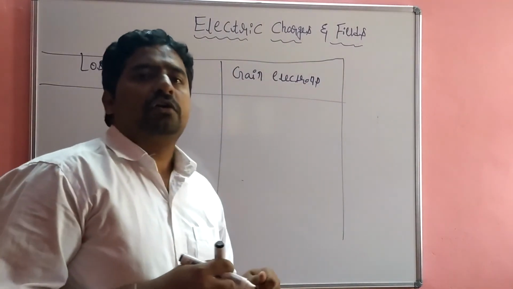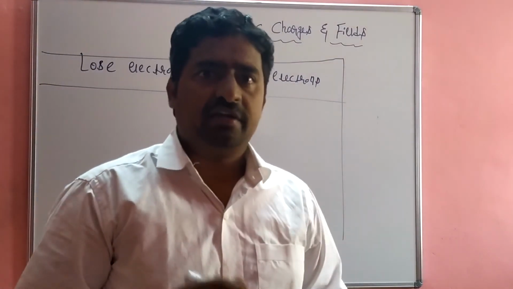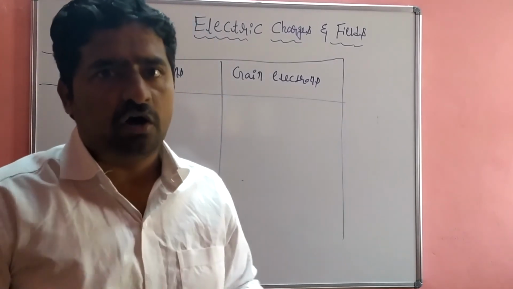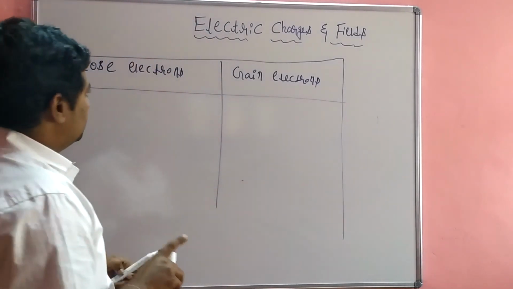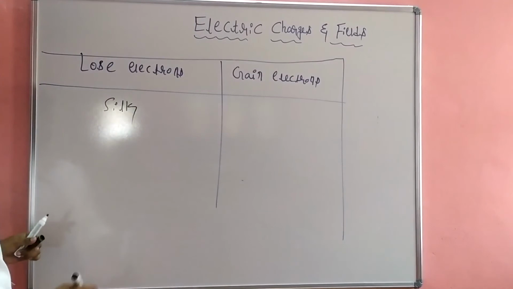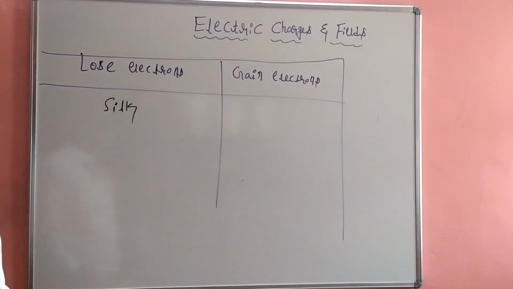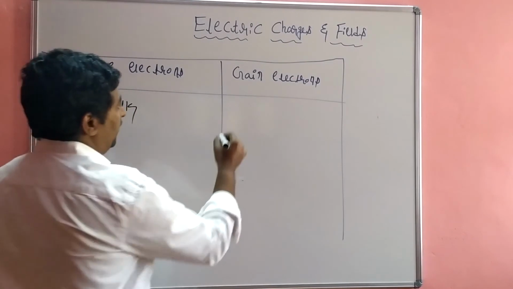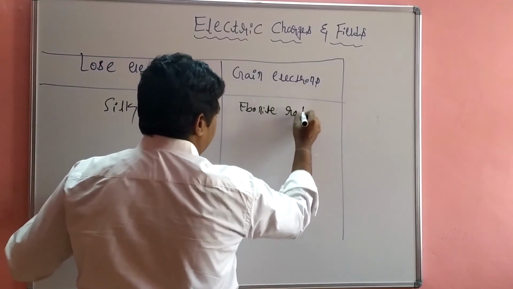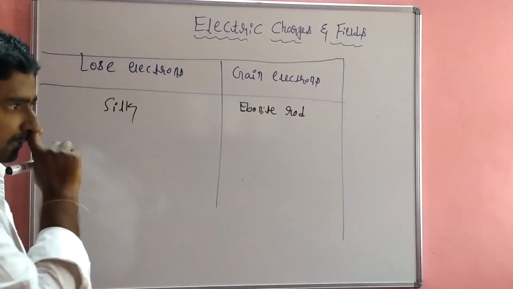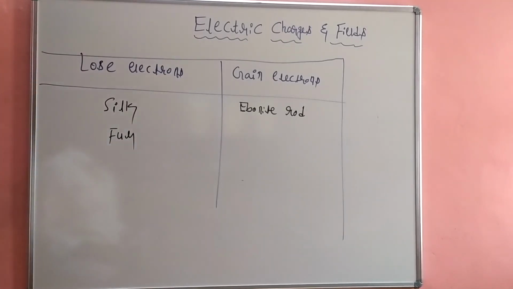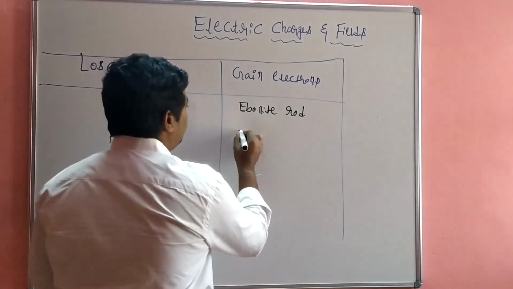When the ebonite rod is rubbed with the silk or the cat's fur, what has happened? The silk loses electrons when rubbed with the ebonite rod. The cat's fur also loses the electron when rubbed with the ebonite rod.